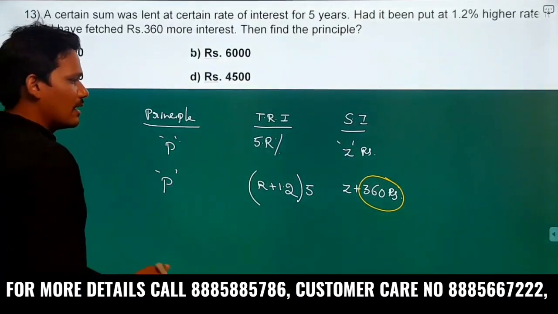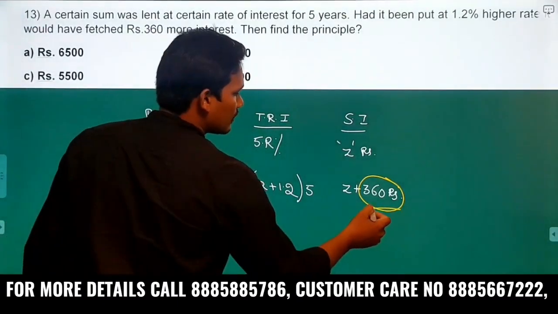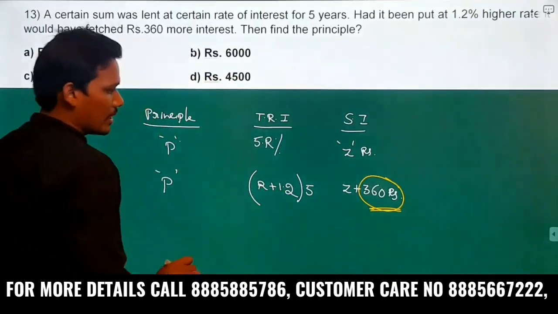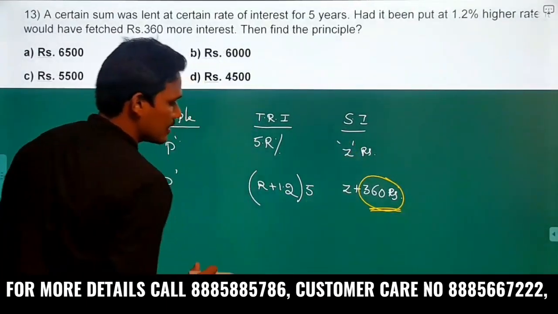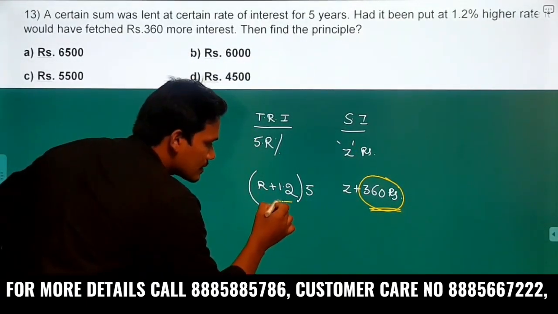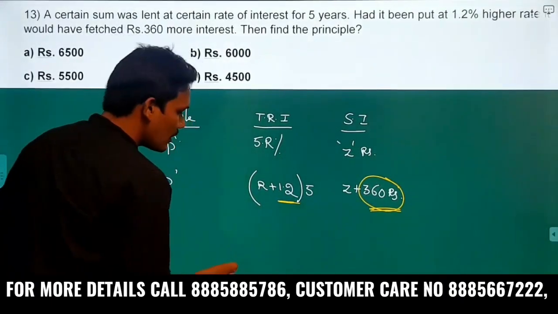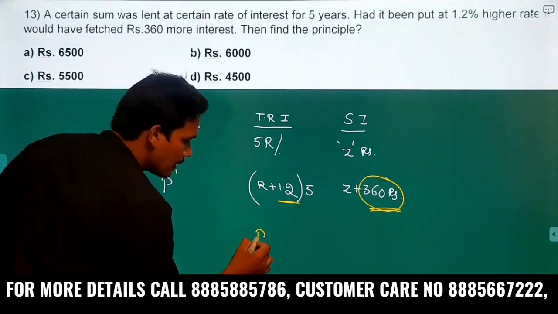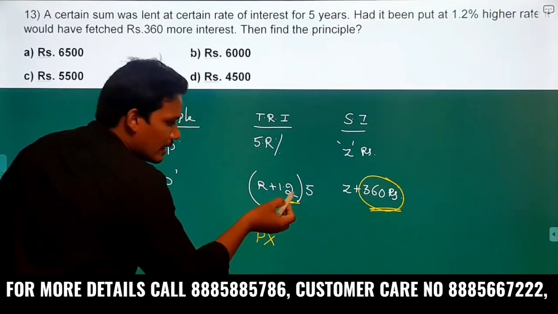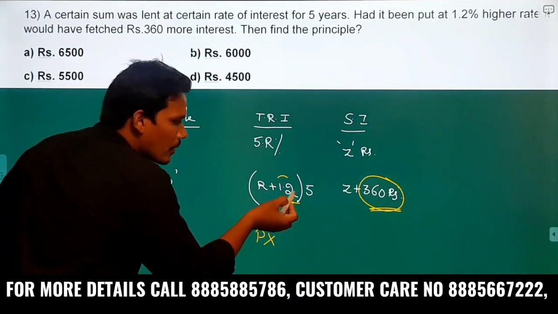Here you need to find why you got the extra 360. I got the extra 360 because of this 1.2% extra on the principal. Every year you are increasing 1.2%.